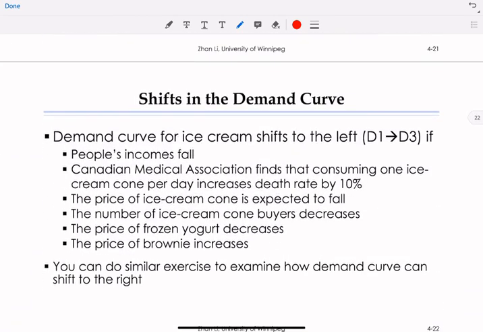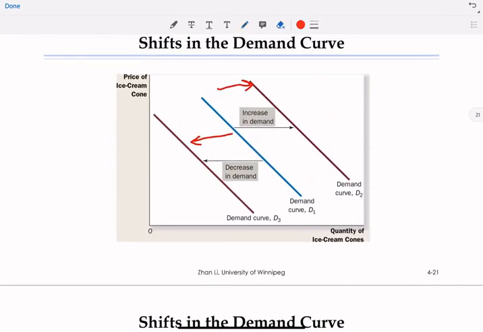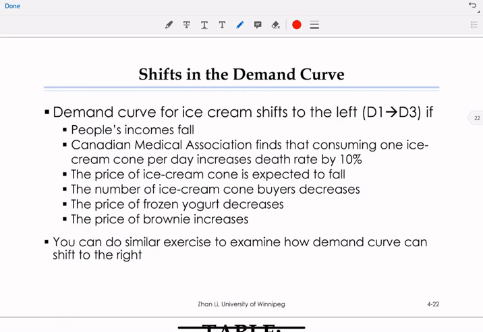So let's say we wanted to look for factors which generate a decrease in demand. So we wanted to see what factors would generate this, right? A shift of the demand curve to the left. Now, we have all these possible reasons.